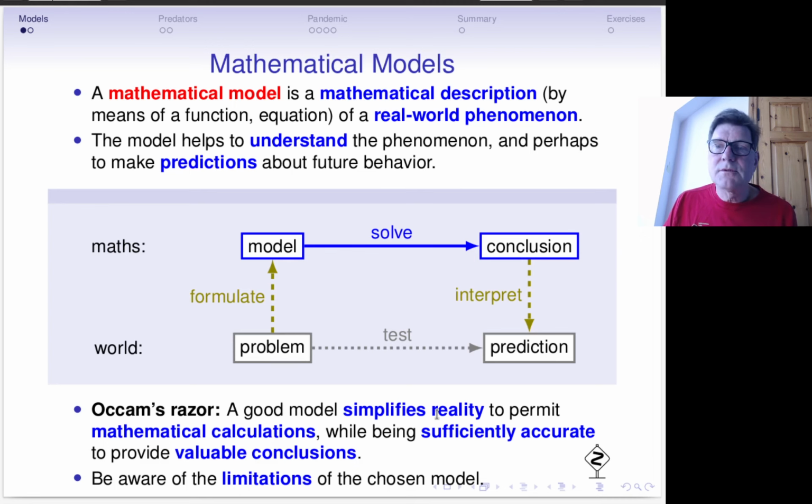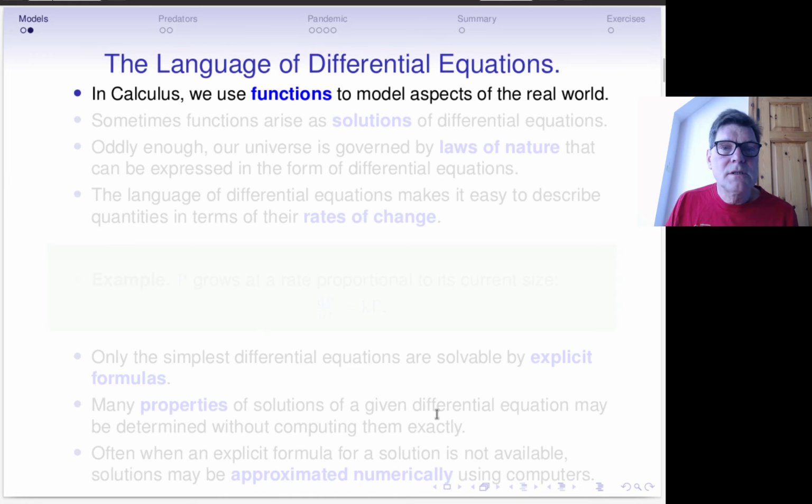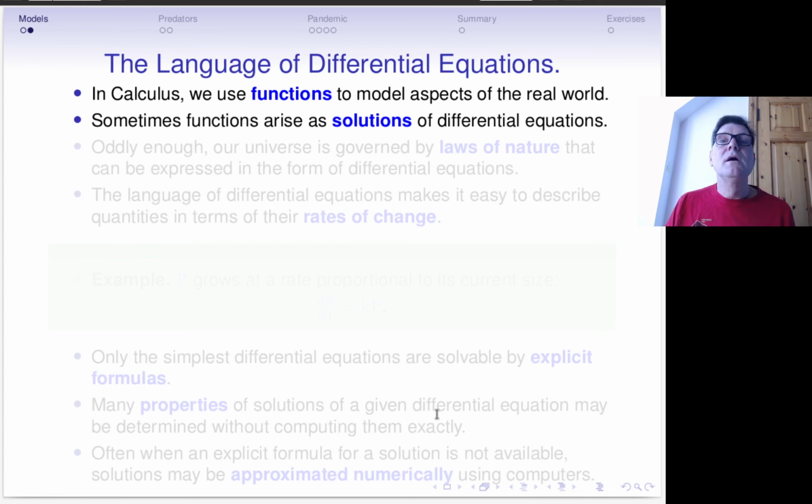I want to look into this in a bit more detail here in the context of differential equations. In calculus we use functions to model real-world aspects, and sometimes these functions arise as solutions of differential equations.